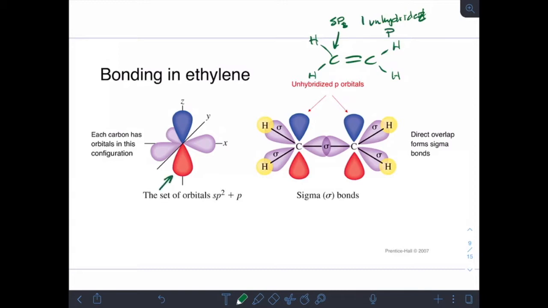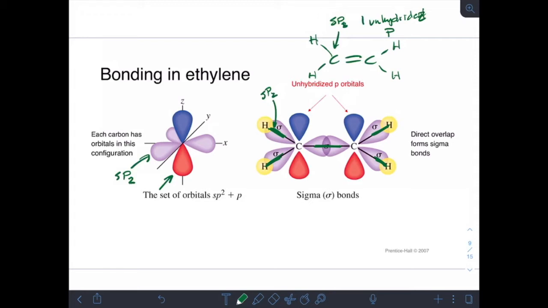Each of these purple ones is an sp2 hybrid. When I look at the larger image of this molecule, these are the bondings of my sp2s. Each one of those bonds is an sp2 hybrid orbital doing its work.